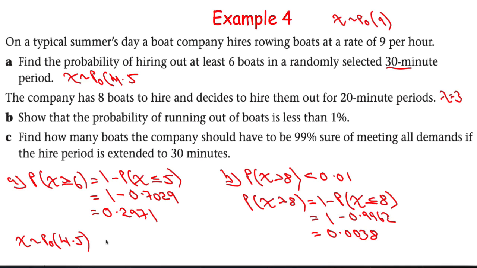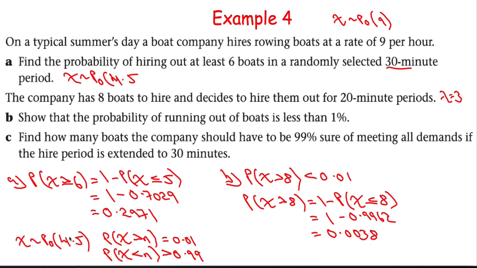So, if the probability that x is greater than n, which is the number of boats, is equal to 0.01, well that implies that the probability that x is less than or equal to n must be at least 0.99.